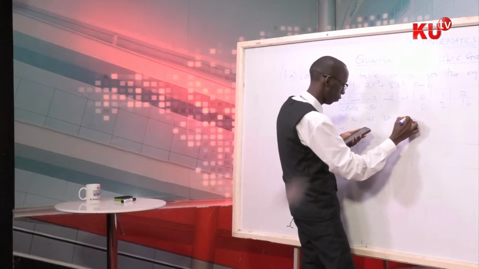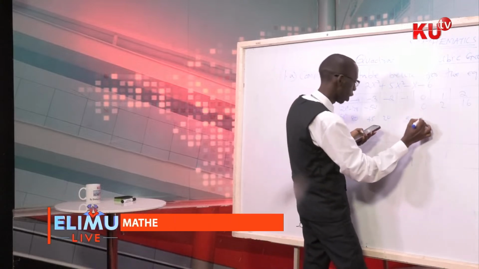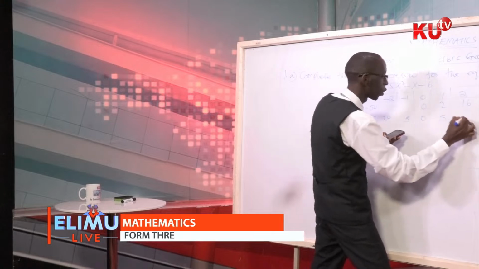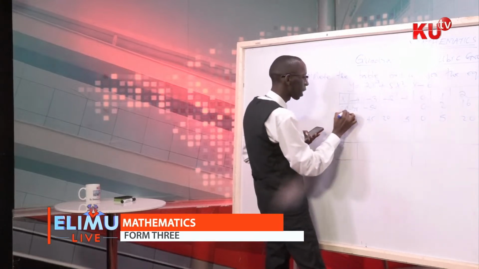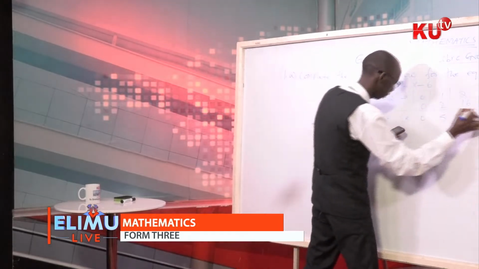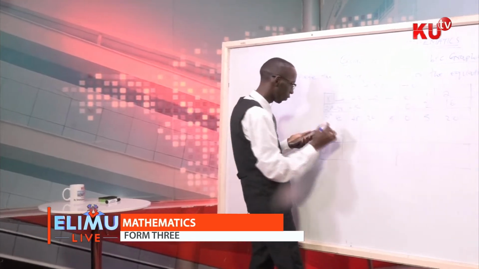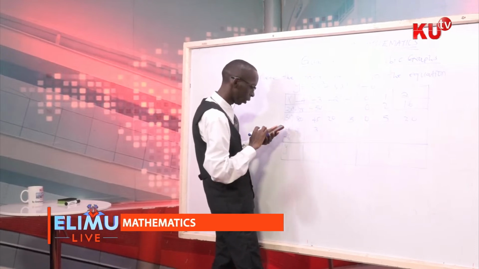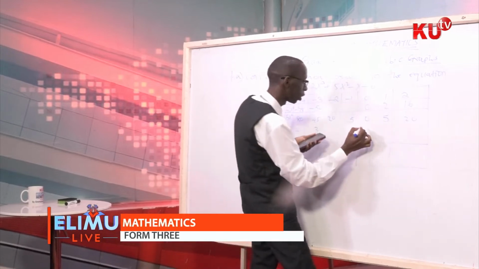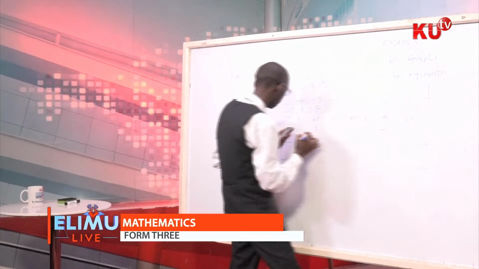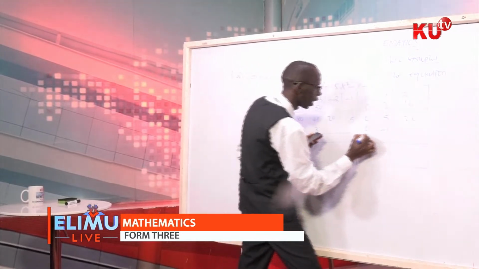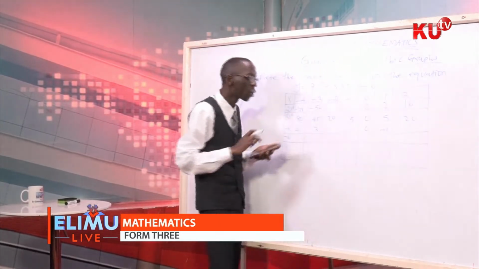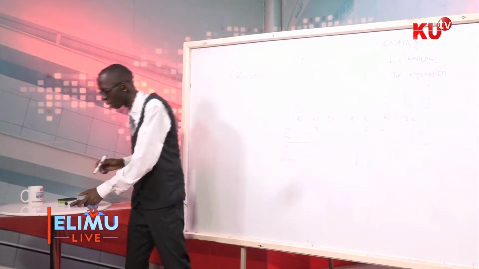Then whatever else you are given is 80, 45, 20, 5, 0, 5, 20. These are some of the values that you are given. Then we have 4, 3, 0, -1.